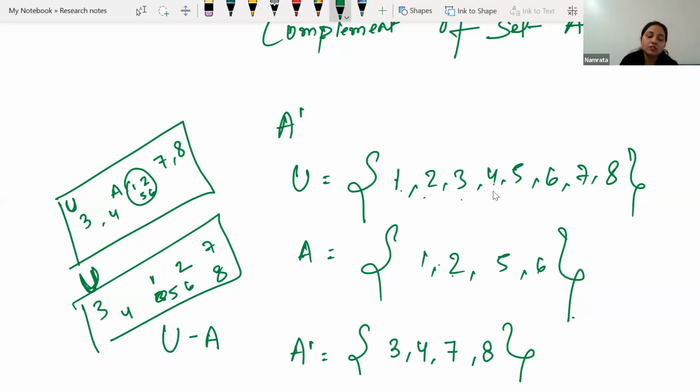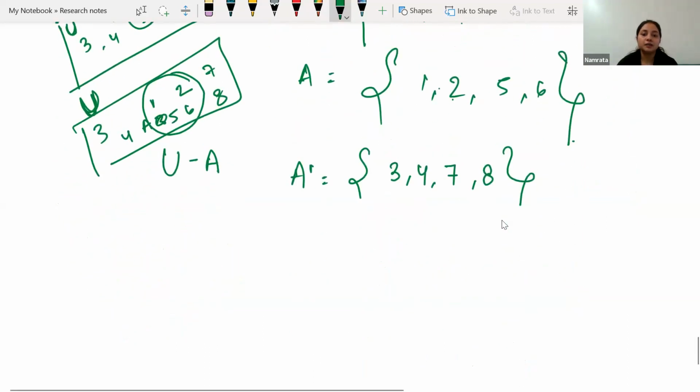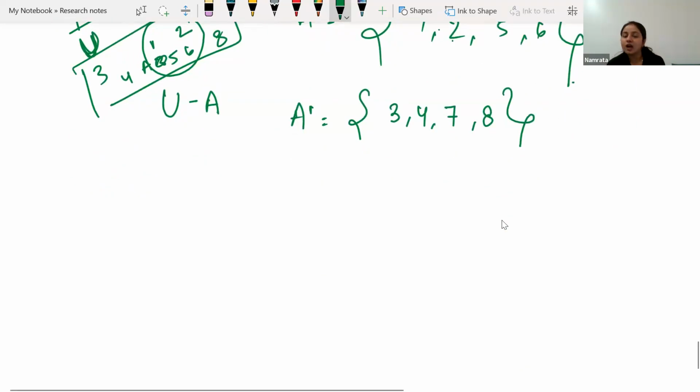That's called the universal set. Now from there, this one is A. So when we are writing A complement, we will not be taking the elements of A. That's it. Okay, let's move ahead. If anywhere you feel any doubt, please let me know. I will pause there and make it clear for you.